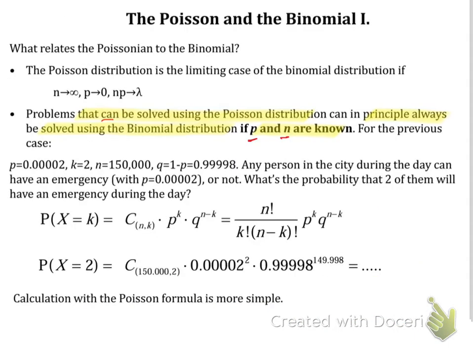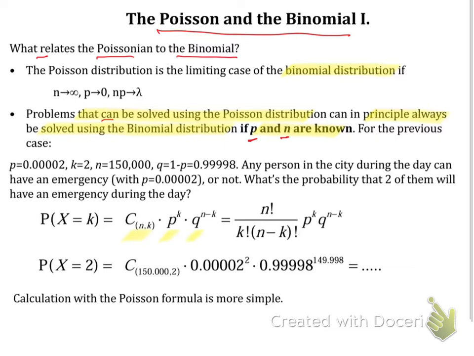So here we can see Poisson and binomial. What relates Poisson and binomial? We can always use the binomial as long as we have n and p. The calculation is a little complicated for binomial because we have to use the combination and the p and the q.